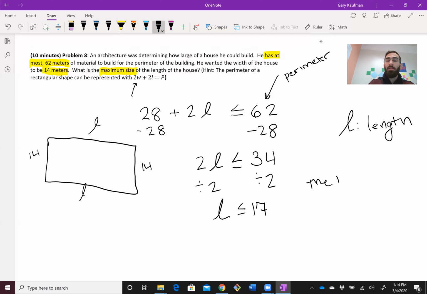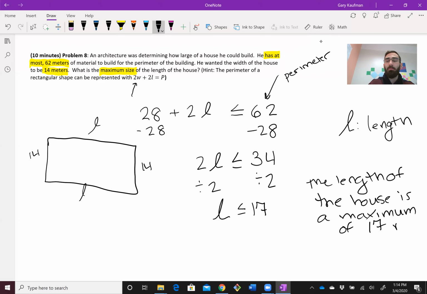So the length of the house is a maximum of 17 meters. Don't forget to graph. Here's 0. I'm going to go by 2s. 2, 4, 6, 8, 10, 12, 14, 16, 18.